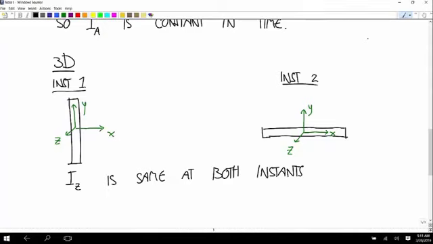You see that because of the rotation about the z-axis, the mass moment of inertia about x changed. And the same is true about y. Here we have a barrel roll about y, and here we have a tumbling of this rod. So the key thing is Ix and Iy changed.